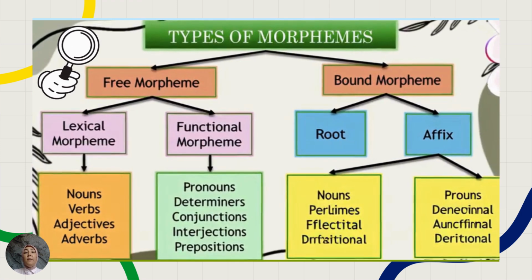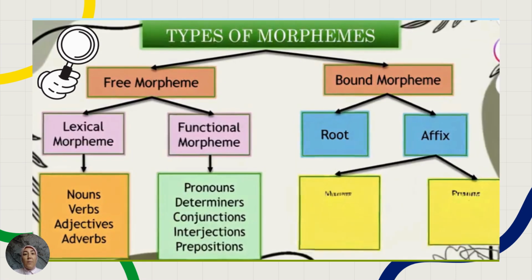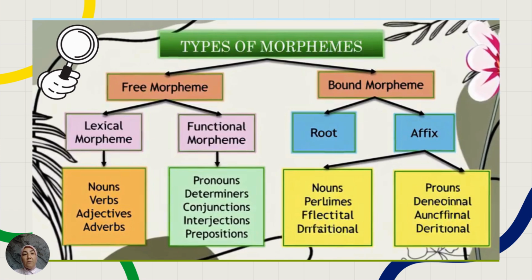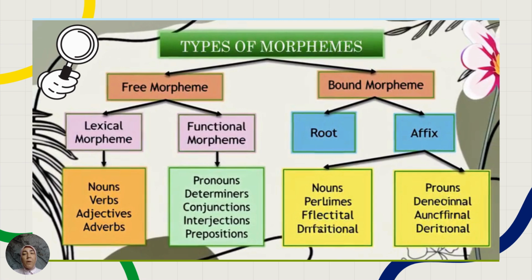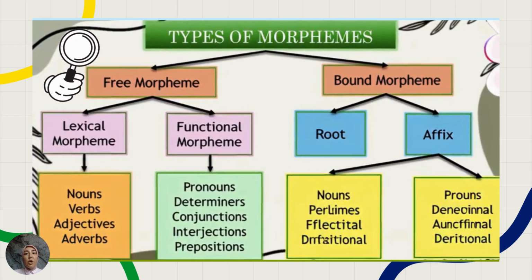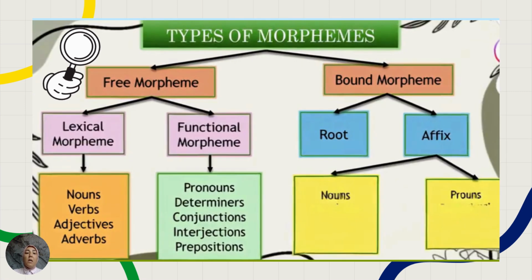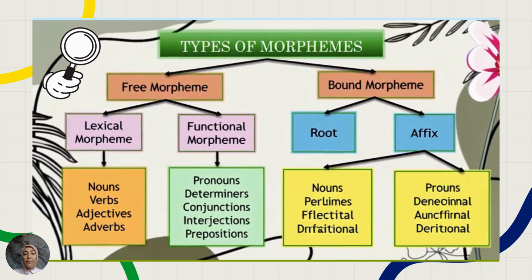Generally, there are two main types, free morphemes and bound morphemes. Each type is divided into its subtypes. So free morphemes are divided into lexical morphemes and functional morphemes. Sometimes, instead of the term lexical morpheme, linguists use notional morphemes. So lexical morpheme and notional morpheme are the same thing.